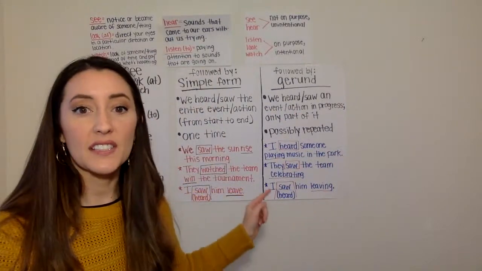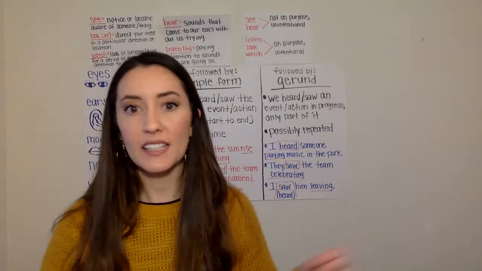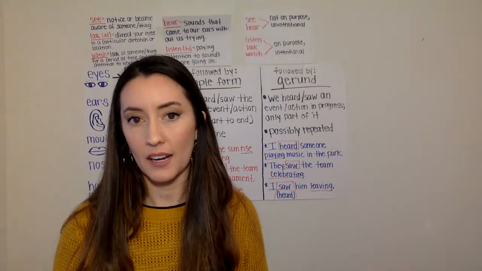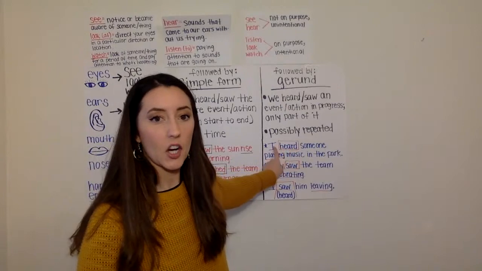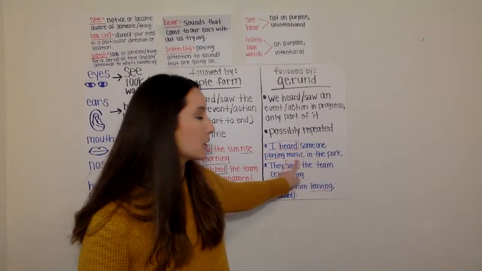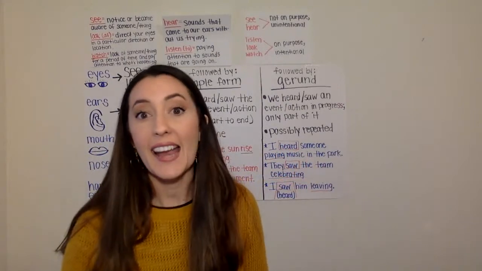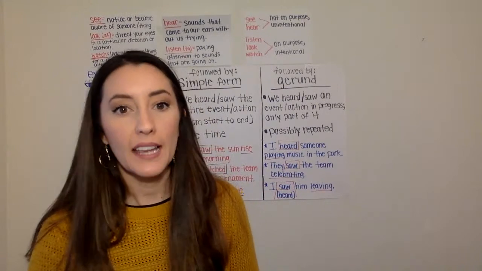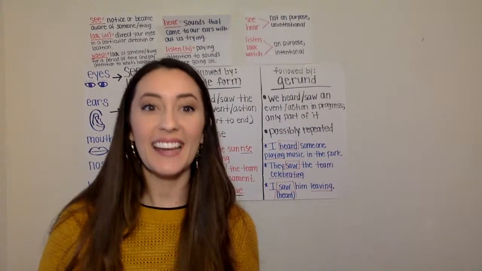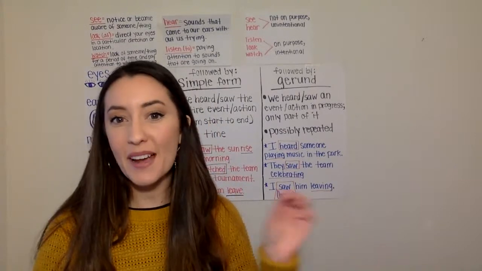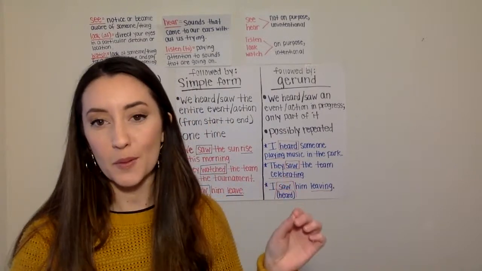And then we're going to have a second verb. Our verb of perception can be used in any tense, okay? So for example, this is in past tense. I heard someone playing music in the park, or I hear someone playing music in the park, or I had heard someone playing music in the park, okay? It doesn't matter which tense the verb of perception is in.